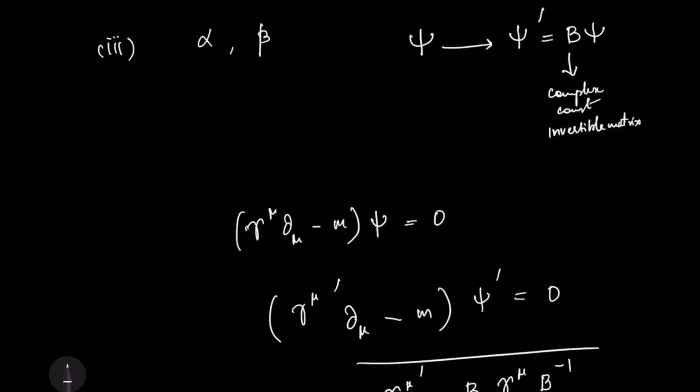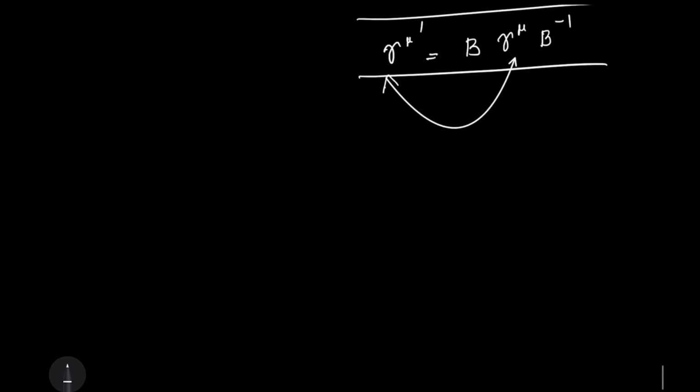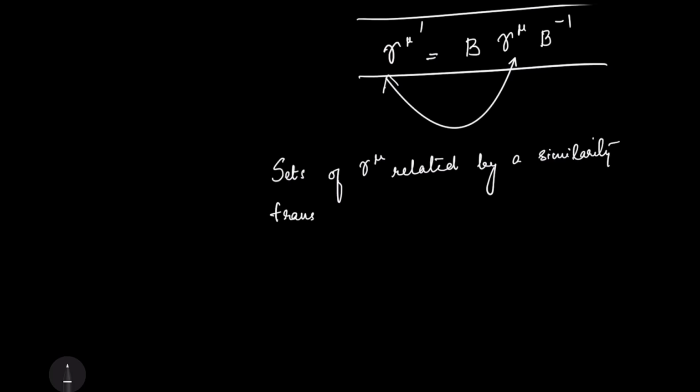So for any basis transformation, the transformation should not change the physics, and therefore sets of gamma mu related by a similarity transformation are equivalent. Under such an equivalence relation, the representation of the Dirac equation is unique.